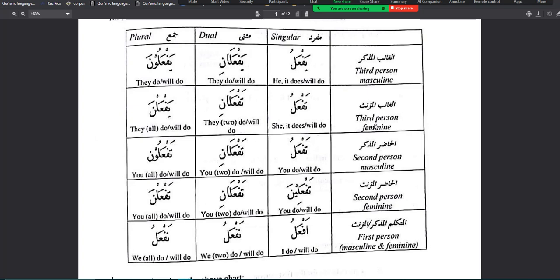But the 2nd person is hazir, present. That's why al-hadir al-muzakkar, and al-hadir al-muannas for feminine. For the 1st person, it's al-mutakallim, masculine and feminine. For the singular it's mufrad, dual is muthanna, and plural is jama.